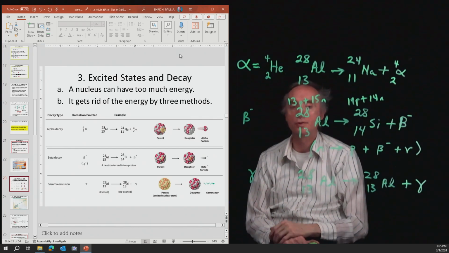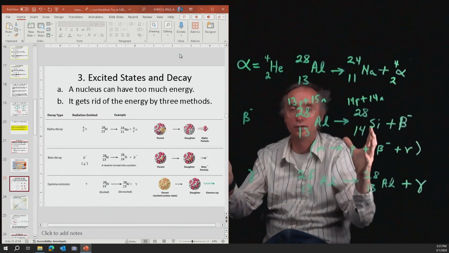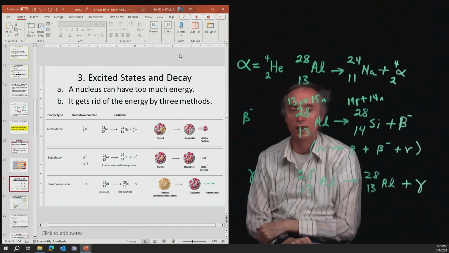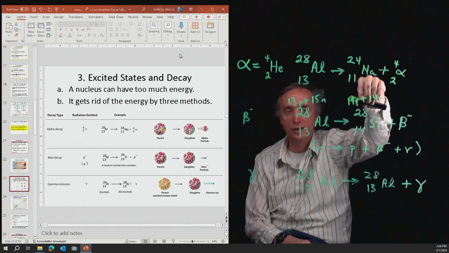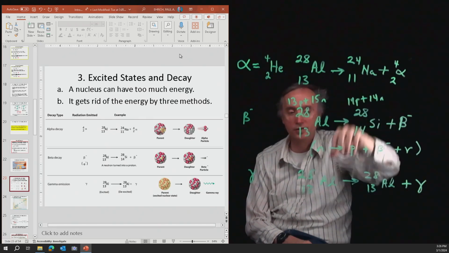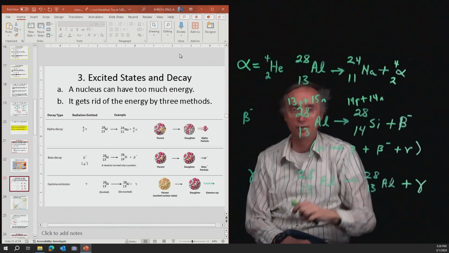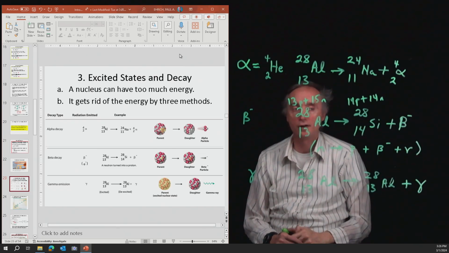All that happened was that the aluminum gave off some light in the form of gamma radiation. It's like, here is a pen, and if I drop it, it's still a pen when it hits the table. The only thing that happened was it gave off some energy into the environment.